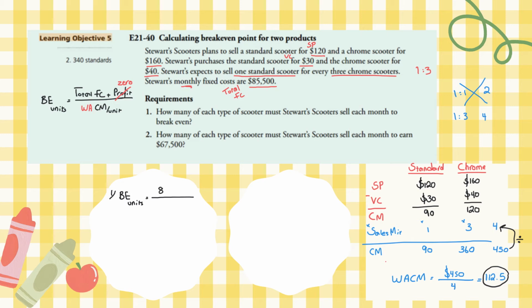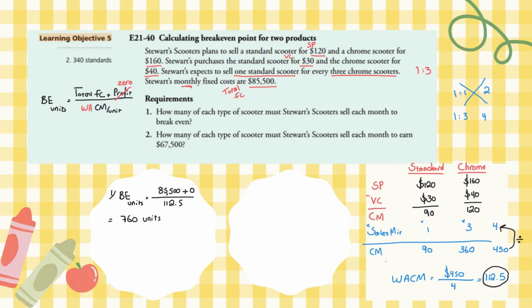The total fixed cost is 85,500 plus 0, divided by 112.5. So it's going to be 760 units. Now, 760 units, is it standard or chrome or both?